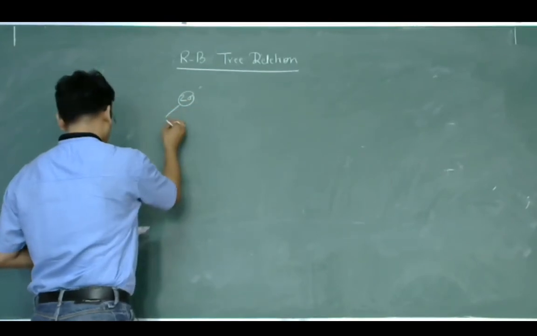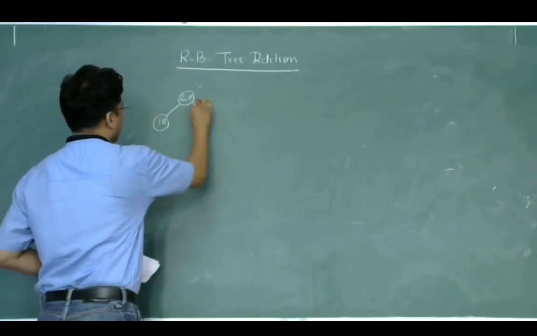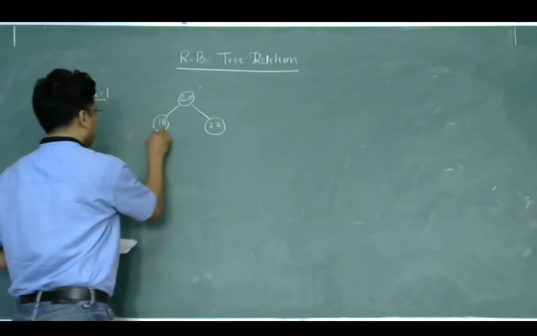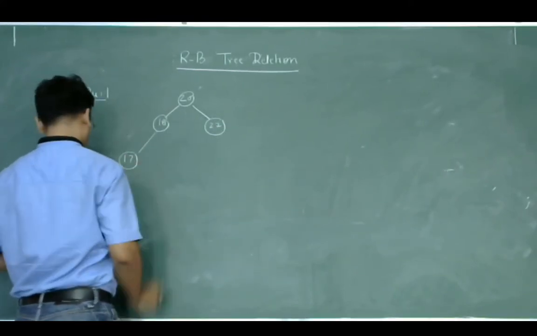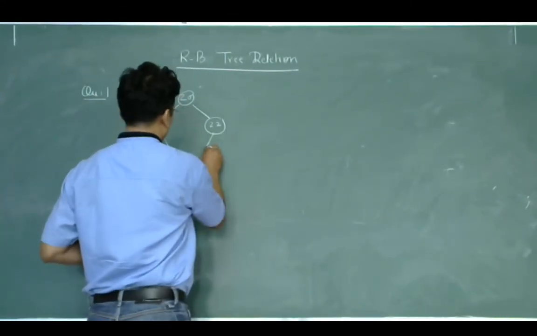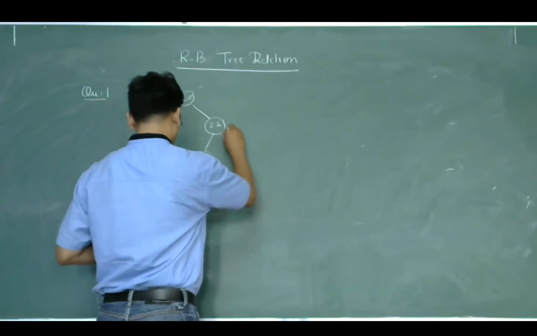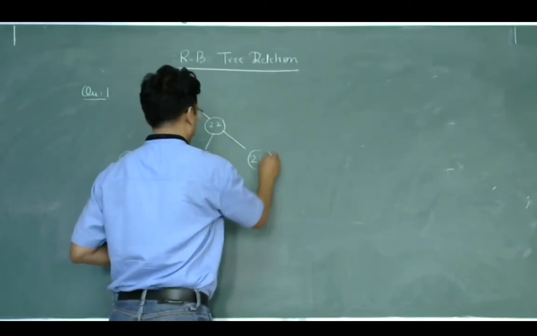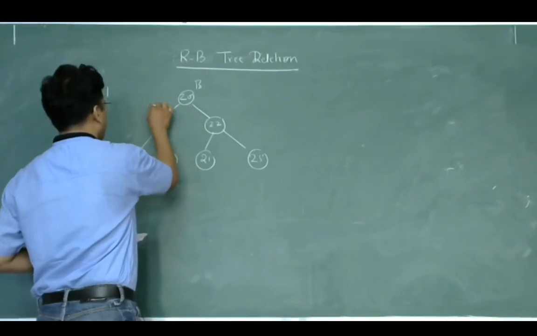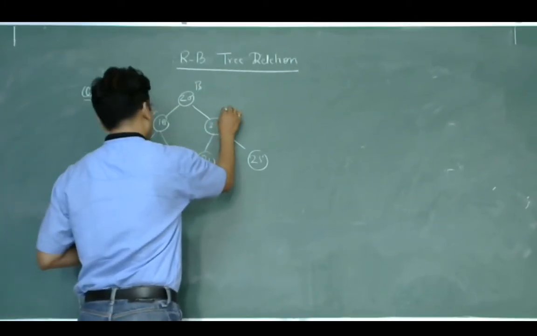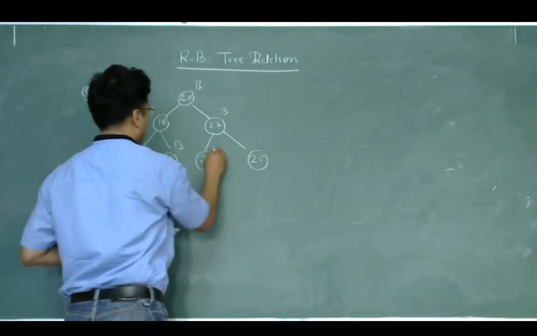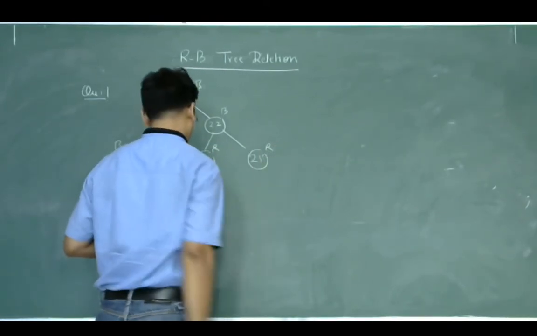The question is 20, 18, 22, 17, 19, 21 and 25. Color coding is B, where B means black, R: black, black, black, red and red.